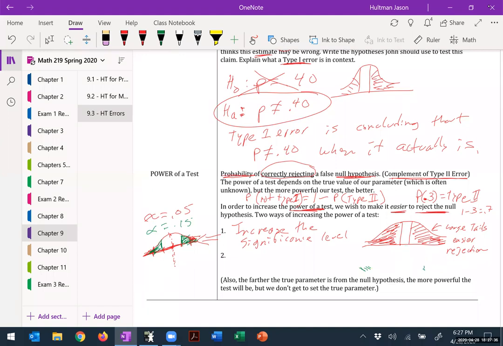I don't like the way that's drawn. Sorry, let me draw it again. Okay, so again, we have really wide.